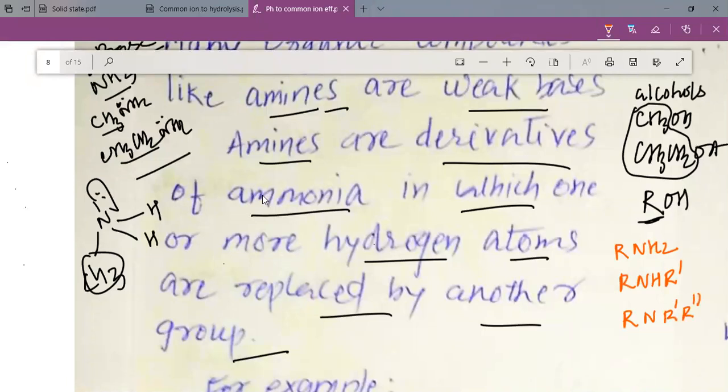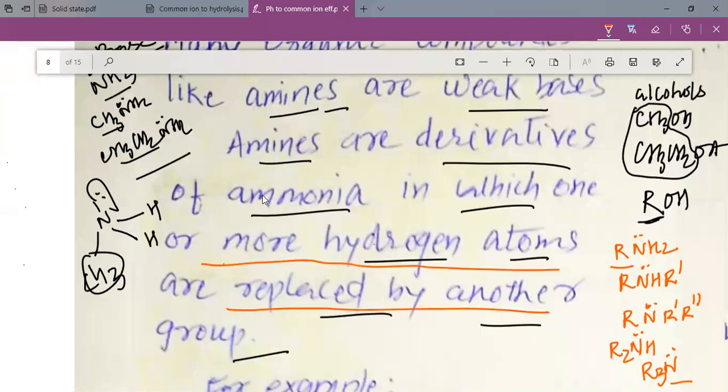And if all three groups are the same R, then we can write R2NH, or we can write R3N. So these are all amines where nitrogen has a lone pair on it, and due to the presence of this lone pair, all the amines are weak bases, and they are derivatives of ammonia.